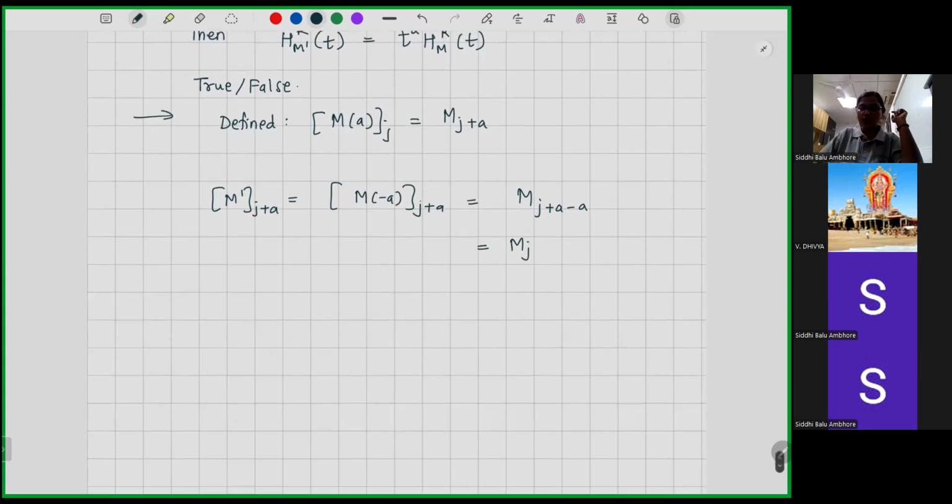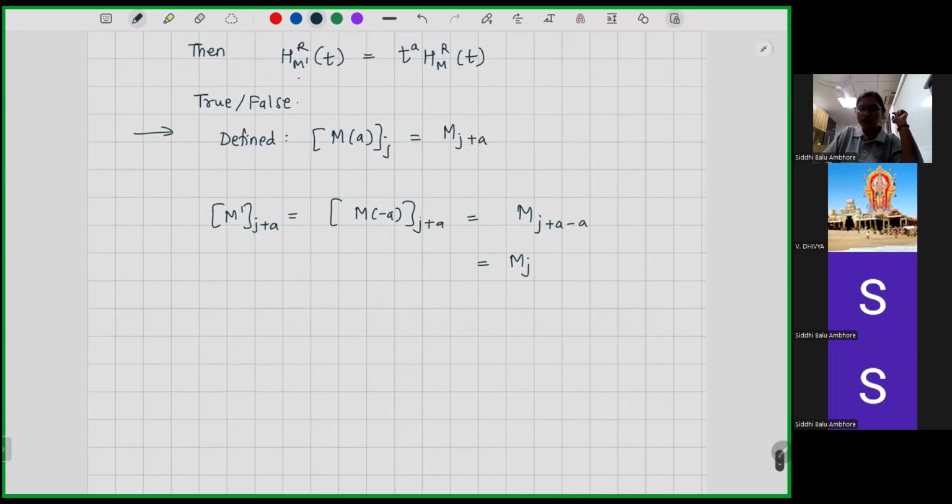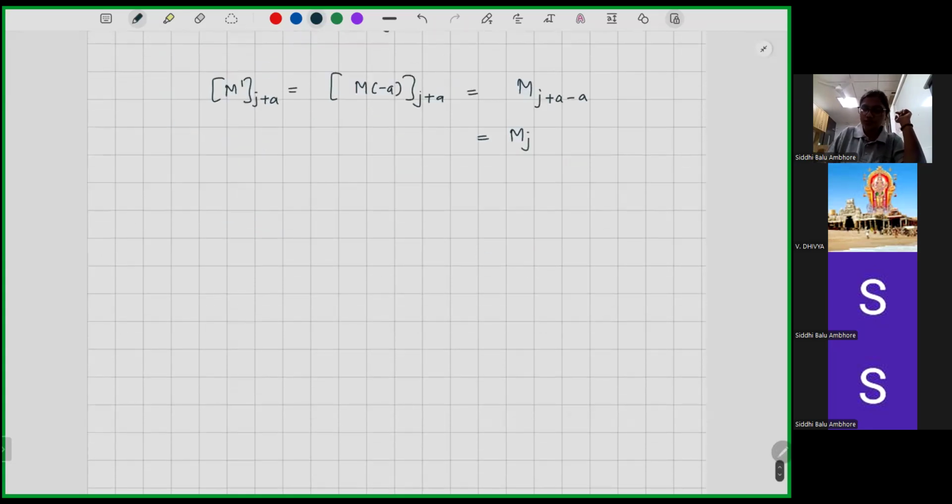So now what I want to find is the Hilbert series of this new module. The Hilbert series of M dash, T over R, is what? It is the summation over J in Z of the rank of M_J, t power J. This is the definition of the Hilbert series.